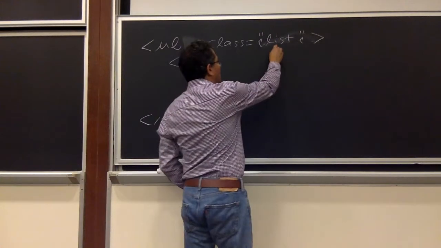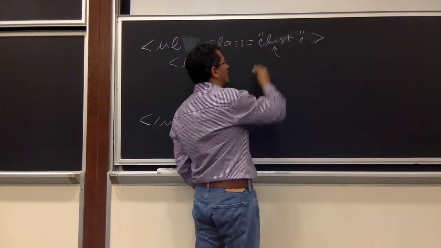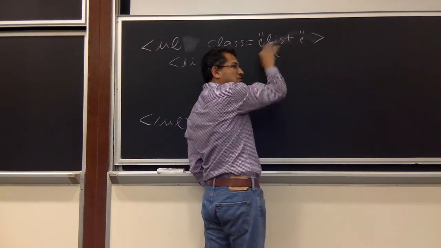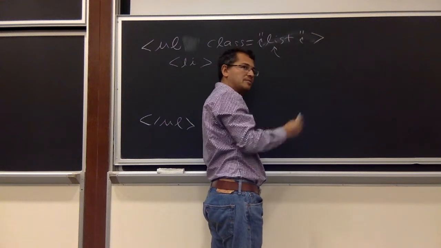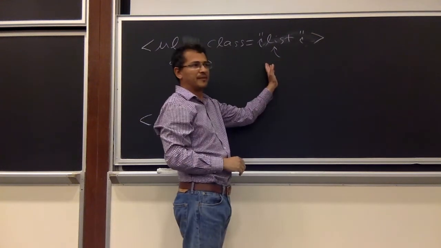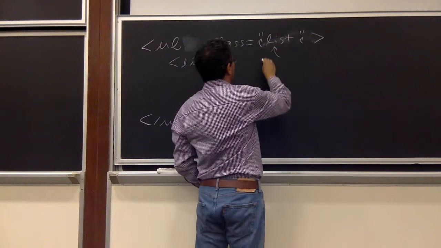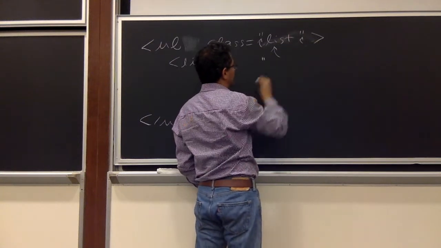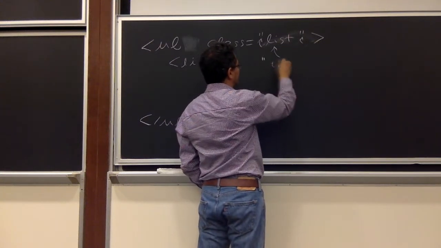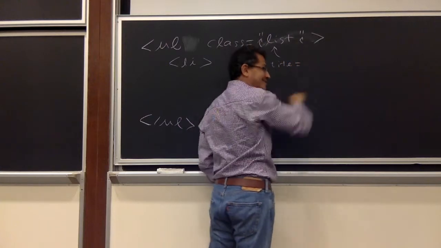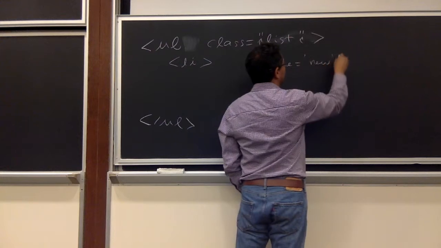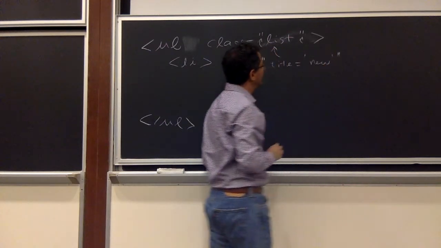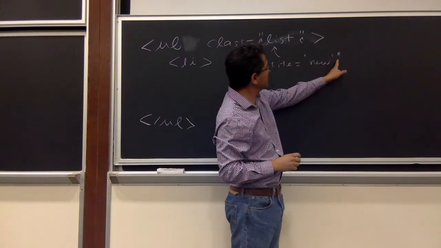Oftentimes, you might need to put here content that also has quotes. And that is okay. You can have quotes within quotes as long as you alternate. So you might have a quotation here that might say title, another equals inside of the quotations, and then say new, and then close the quotes. Notice that this is perfectly fine.